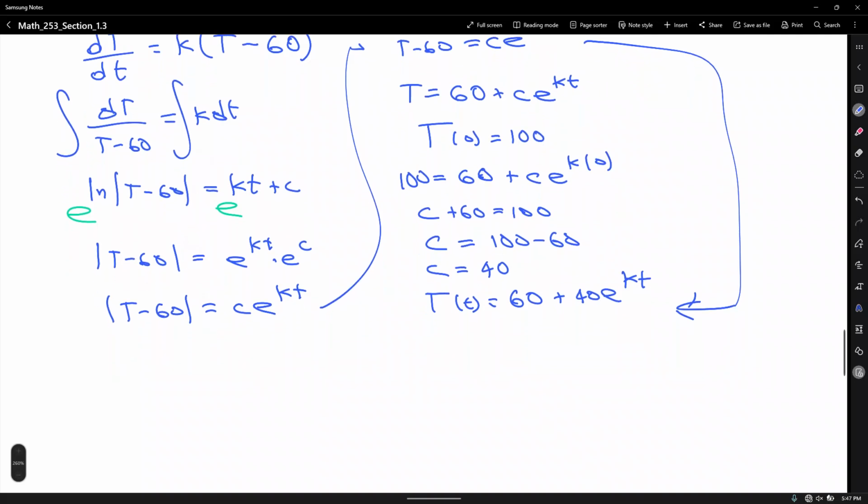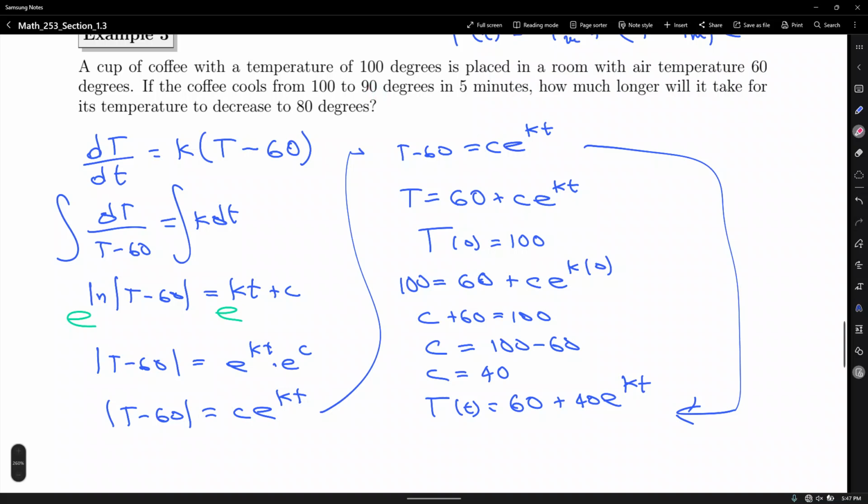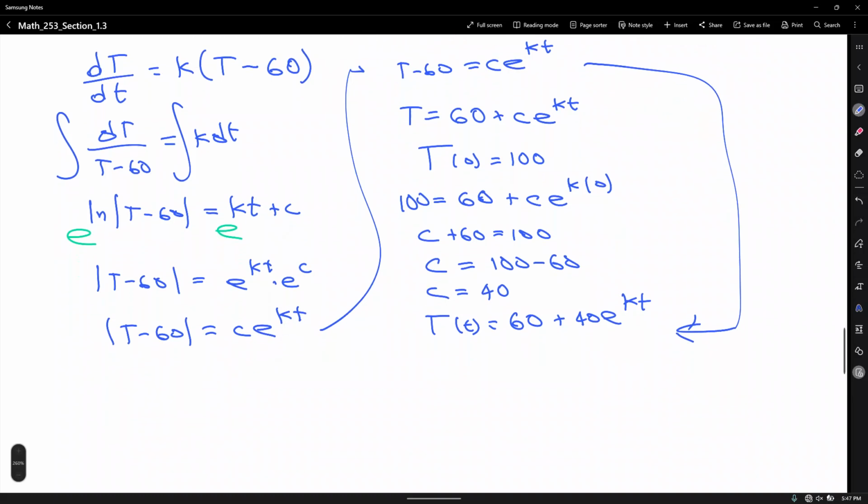So now we're going to use the second condition. Let me highlight that. It takes 5 minutes for the coffee to decrease to 90 degrees. So we're going to use this condition now to find k.